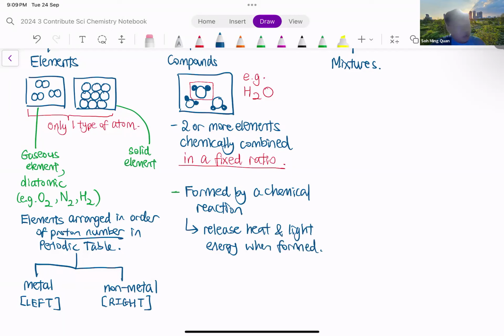So if you burn hydrogen in oxygen to form water, it releases a lot of heat. This tells you that it's a chemical reaction and therefore it's chemically combined. And because it's chemically combined, it cannot be separated by physical methods.